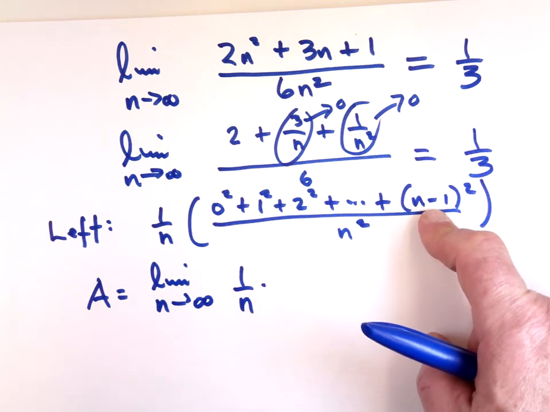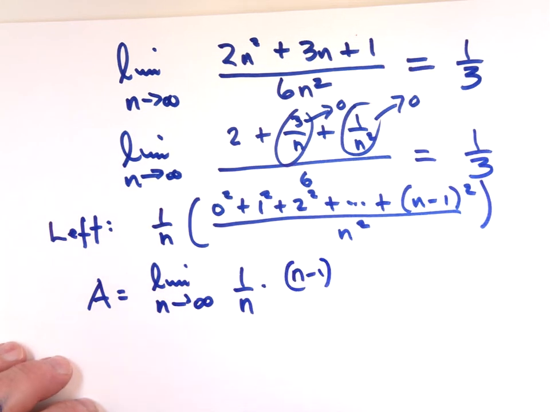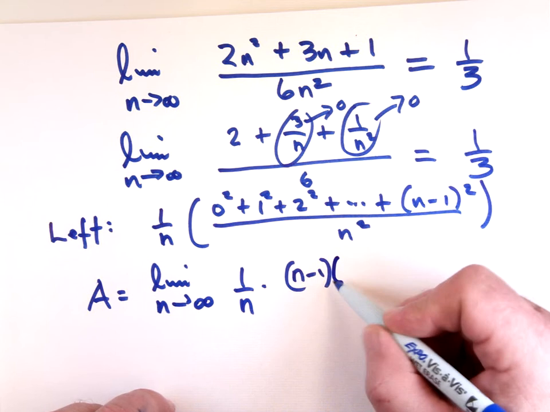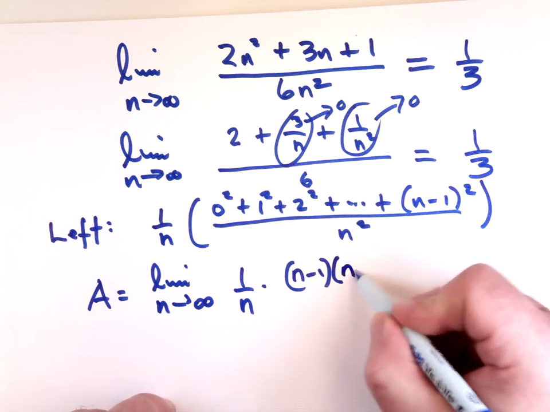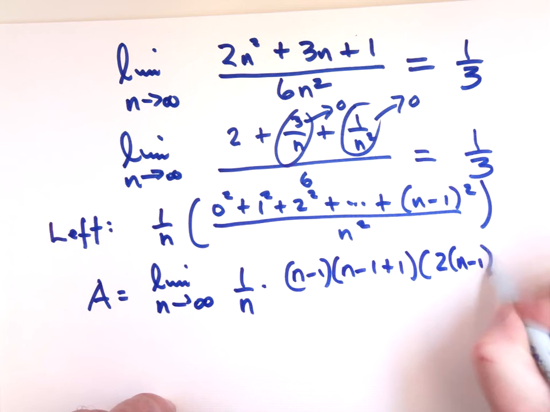So I'm going to use n minus 1. It's what I'm using for n now. I've got n minus 1 squares instead of n squares, so I'm using n minus 1 in the formula. That's what the formula gives me.